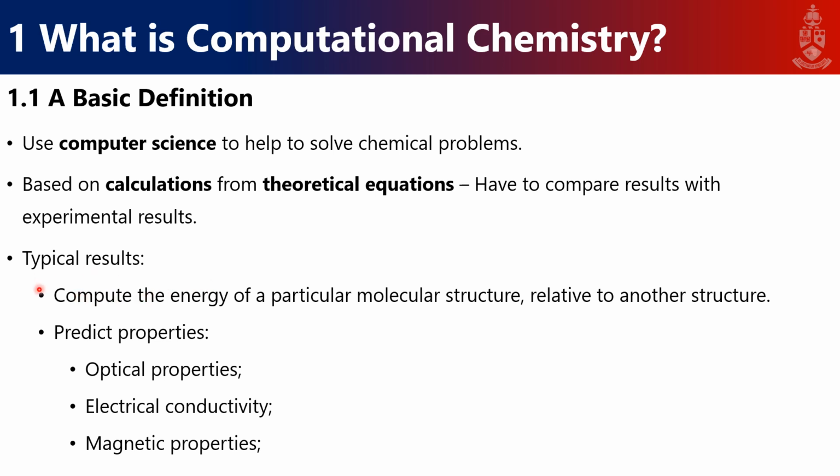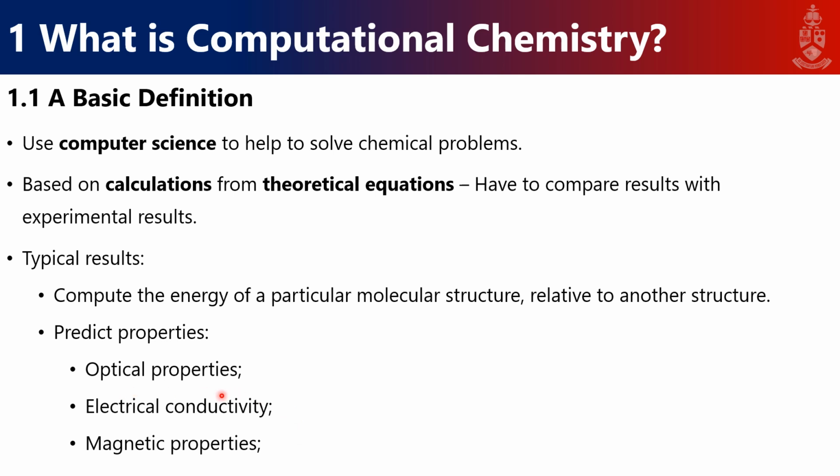Okay, typical results, just to cover a few things that you can get. We can get the molecular structure, and the relative energy of a particular structure, or at least relative energies. Meaning we can't necessarily get a specific energy, but we can say this structure is more stable than that one. You can also predict all sorts of optical, electrical and magnetic properties.